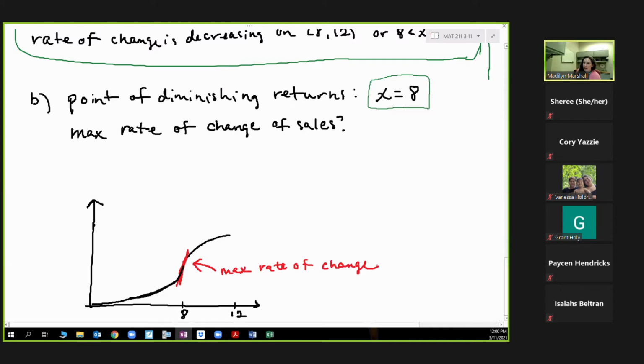But that's just telling us where we achieve the maximum rate of change. It's not telling us what the actual maximum rate of change is. So the maximum rate of change occurs when x equals 8 at the point of diminishing returns. We're going to plug that into something to find the actual maximum rate of change of sales.